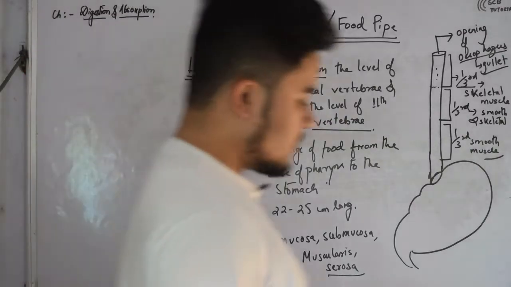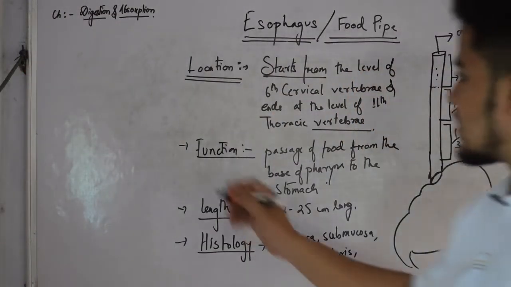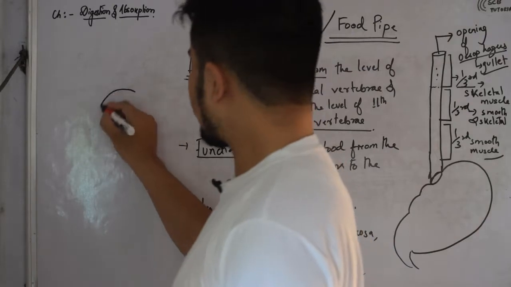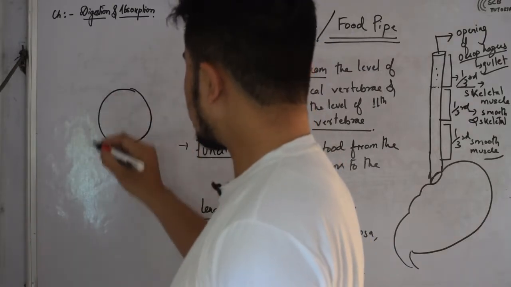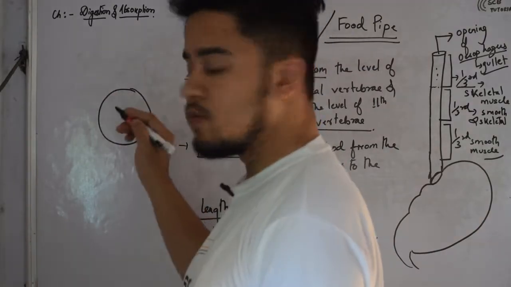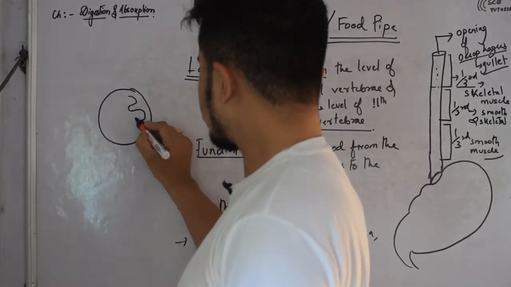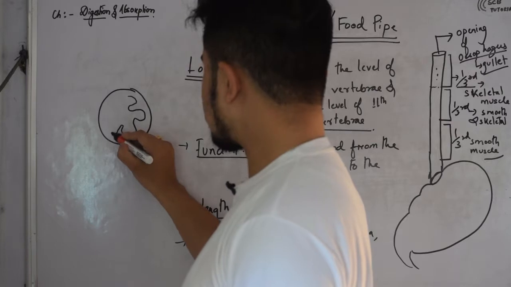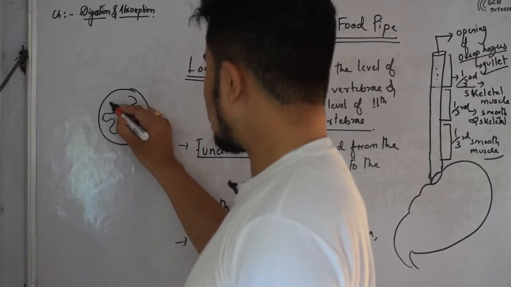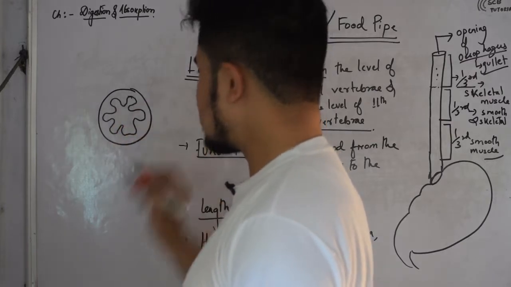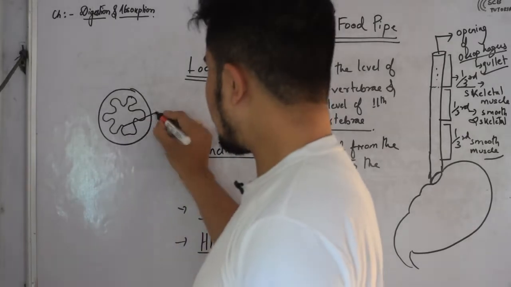If I show you the lumen of the esophagus, lumen means the space through which the food will pass. The lumen has some rugae like this. These rugae are generally closed if the food is absent.